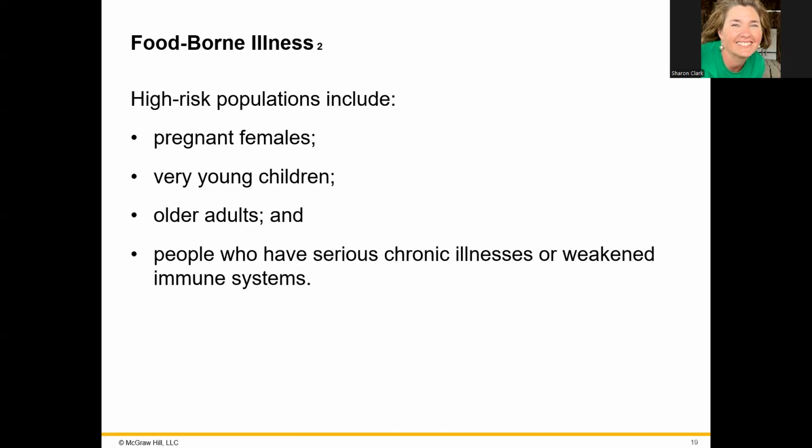And also, incubation periods for foodborne illnesses vary depending on the type of pathogen. The quickest is, I think, if I remember right, Bacillus cereus, and it's, I think, 1 to 5 hours of onset after ingestion.